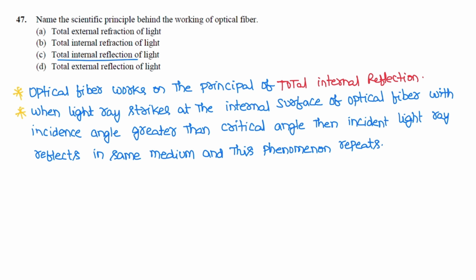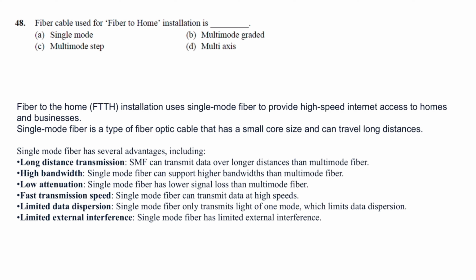Next question. Fiber cable used for fiber to home installation. That is single mode fiber. Fiber to home installation uses single mode fiber to provide high speed internet access to homes and businesses.